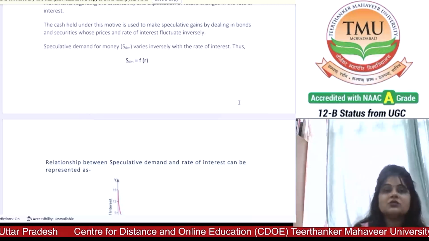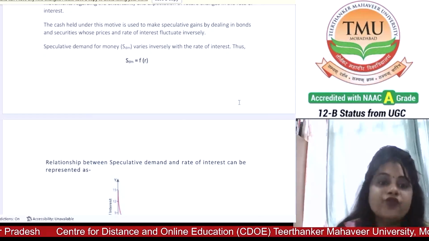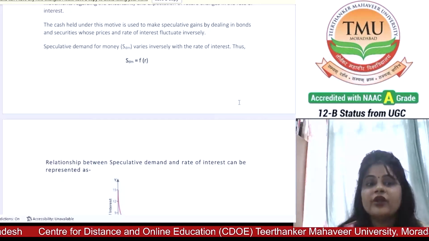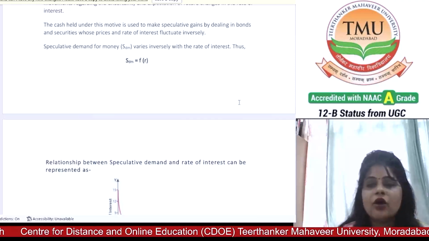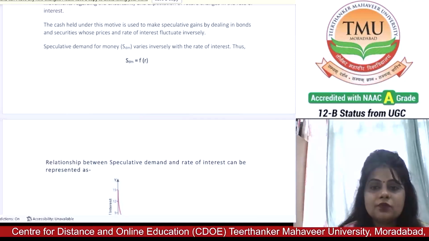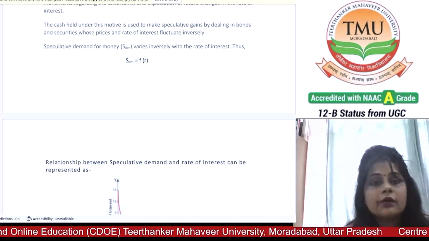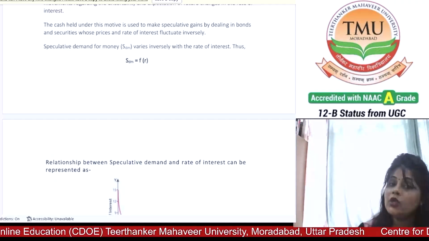So the speculative motive relates to the desire to hold one's resources in liquid form to take advantage of future changes in the rate of interest or bond prices. Bond prices and rate of interest are inversely related to each other.